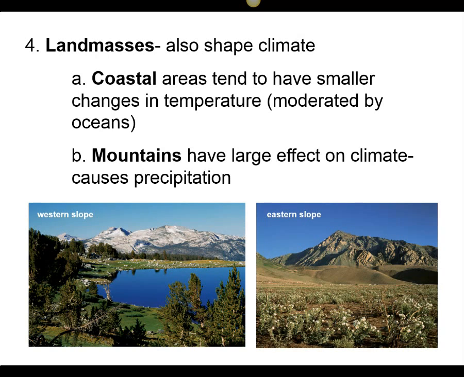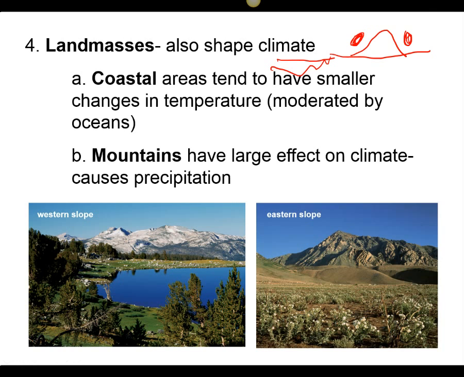Now, mountains, on the other hand, have a very dramatic effect on what happens in the climate. This is a mountain, and what happens is, here's the ocean right here. If I have a mountain, this part of the mountain is going to have a much different climate than this part of the mountain.